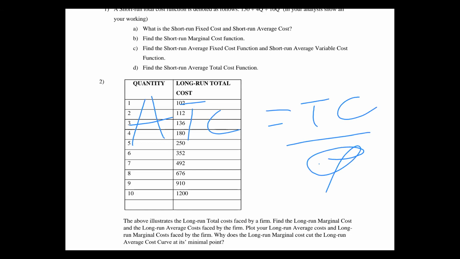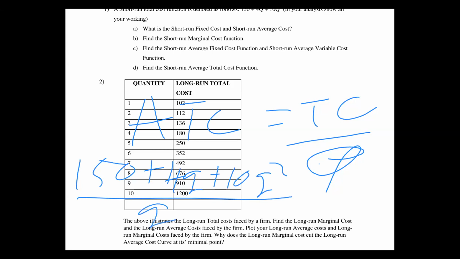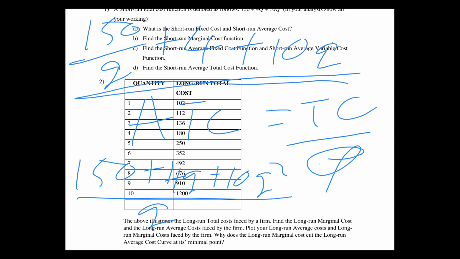So the total cost function in question we said is 150 plus 4Q plus 10Q squared, to be divided by Q, so that you find 150/Q plus 4 plus 10Q, because you're going to divide by Q throughout. Is that clear?